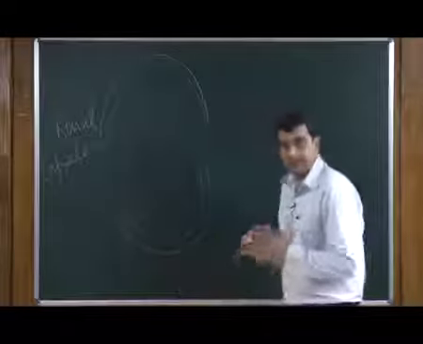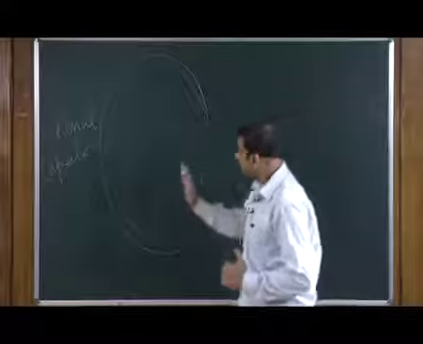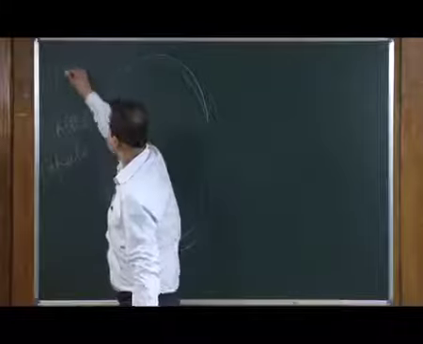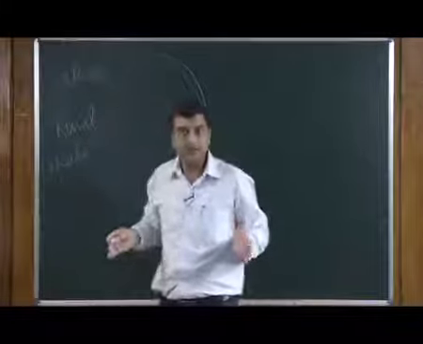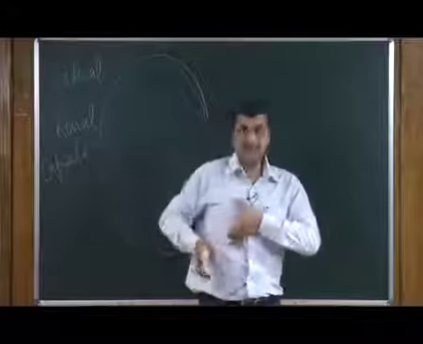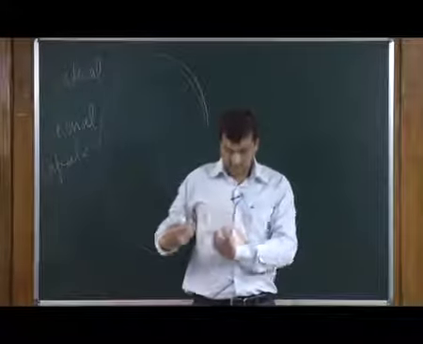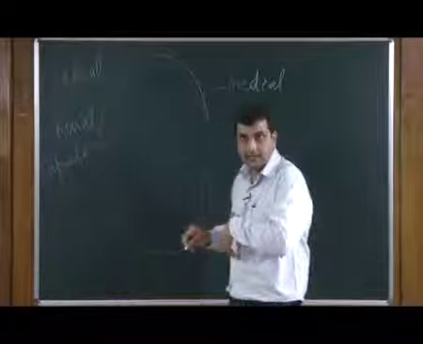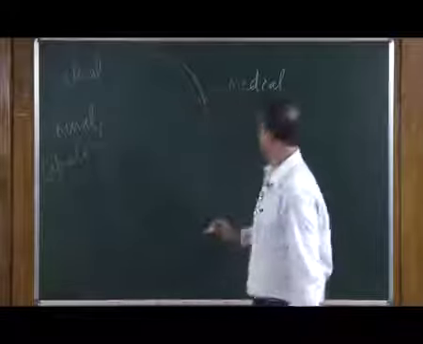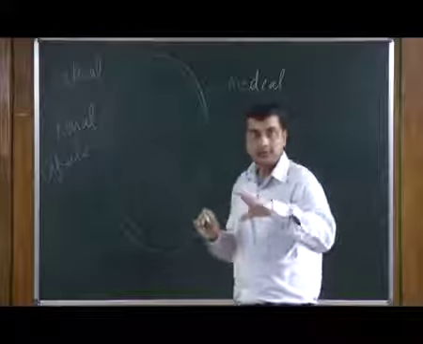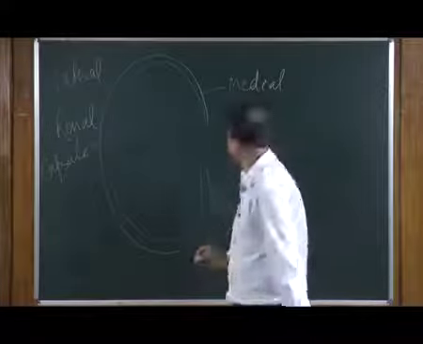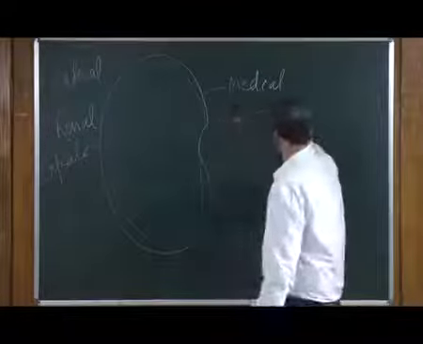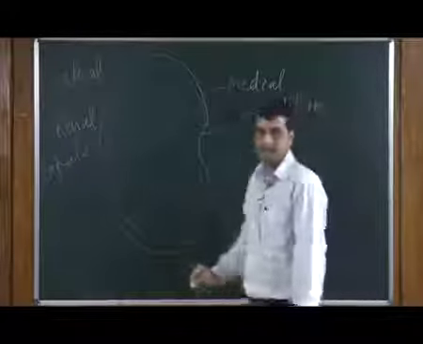Now, if we look at the structure, this is the body cavity. This is called lateral. Lateral means towards the periphery. Suppose this is the kidney here, this side is lateral, and towards the body cavity, this is called medial. Medial is towards the center. The medial side, the side towards the body cavity, has a depression, and this depression is called the hilum or hilus.